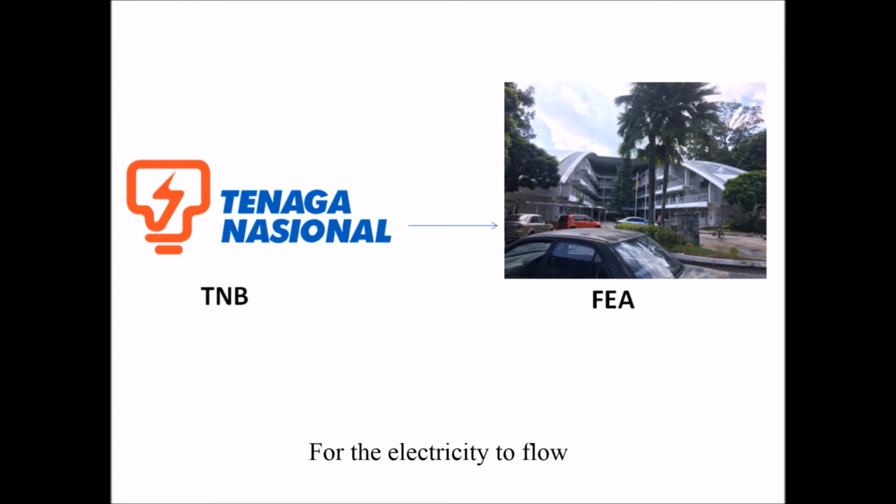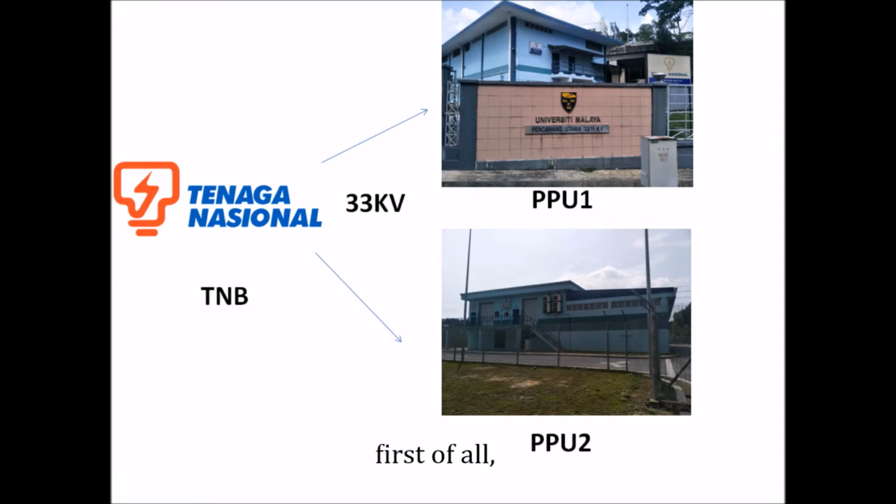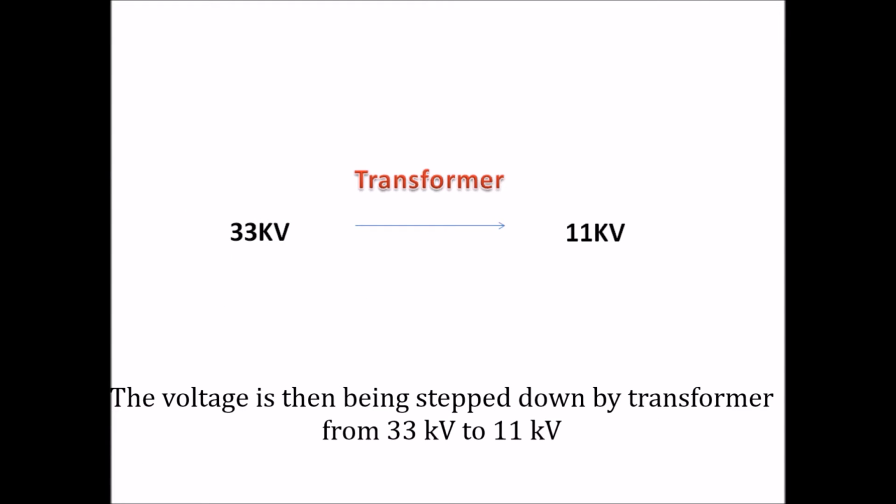For the electricity to flow from TNB to the Faculty of Economics and Administration: first of all, the electricity flows from Tenaga Nasional Berhad, TNB, to the two main substations, PPU1 and PPU2, at 33 kilovolts. The voltage is then stepped down by a transformer from 33 kilovolts to 11 kilovolts.